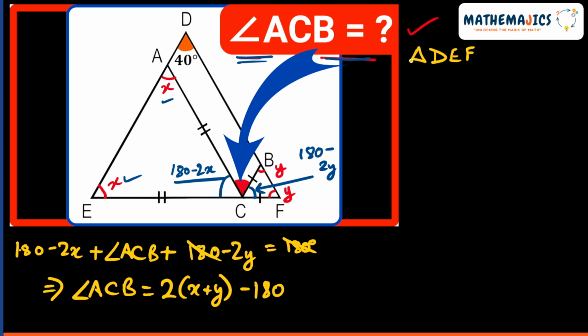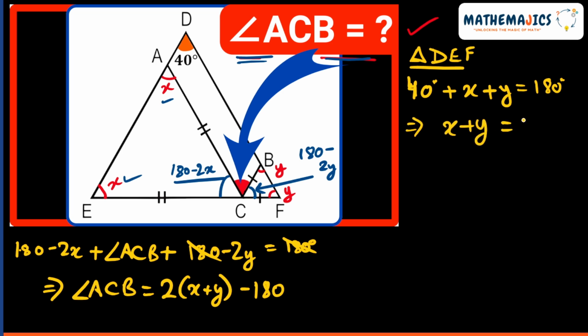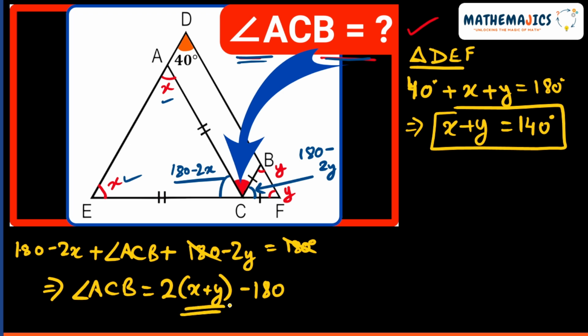Here we have three angles: 40 degree angle, this angle E, that is X, and this angle F, that is Y. The sum of these three angles is 180 degrees. Now from here we can say X plus Y is 140 degrees. Correct?